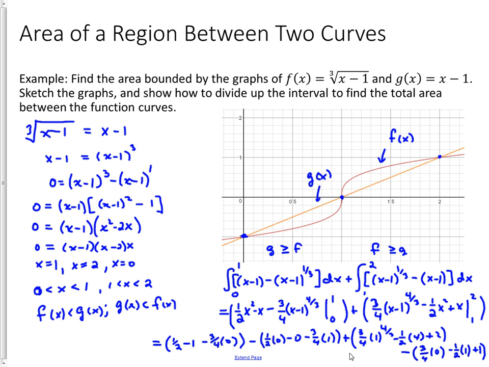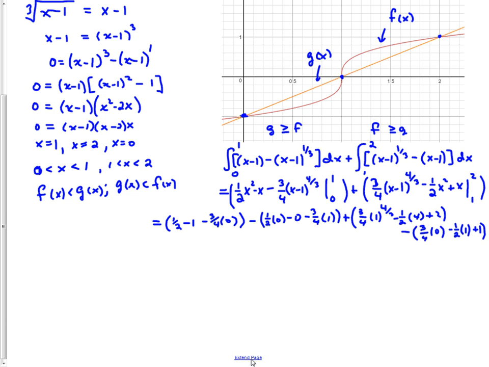We're going to add to that 3/4 of 1 to the 4/3. If we take 2 minus 1, that's 1. Minus 1/2 of 2 squared, which is 4, plus 2, minus the quantity, 3/4 of 0 minus 1/2 times 1 plus 1. I'm going to continue to simplify here a little bit just to make my life easier.